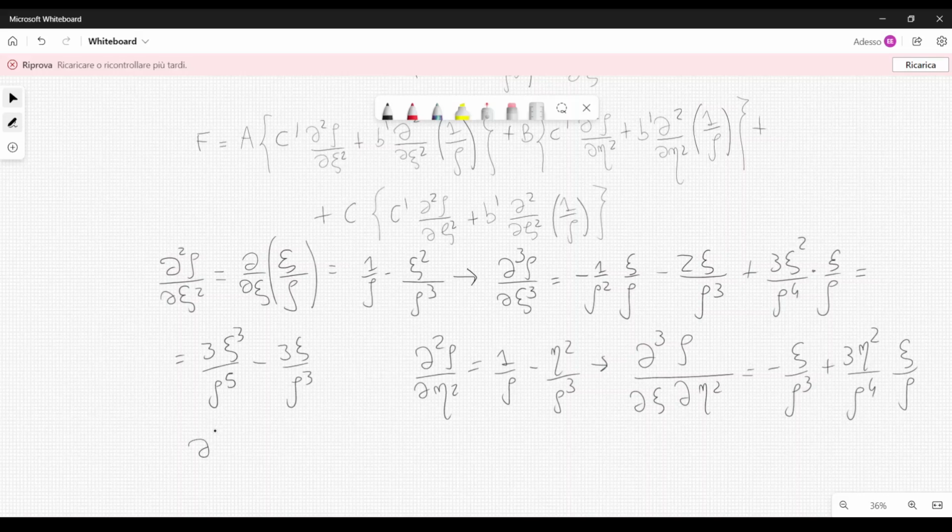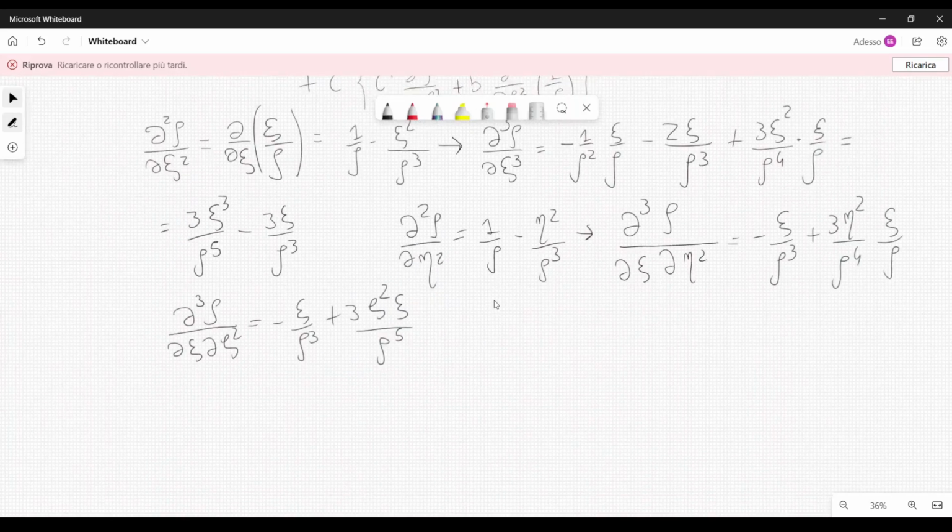And then we can also find d3 rho with respect to xi with respect to zeta squared. This is minus xi over rho cubed plus 3 zeta squared xi over rho to the fifth power.